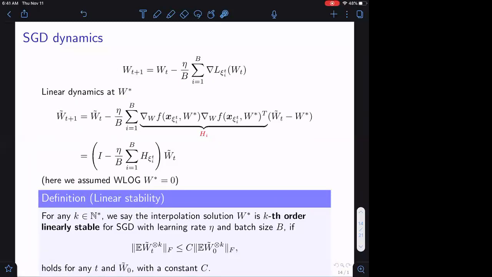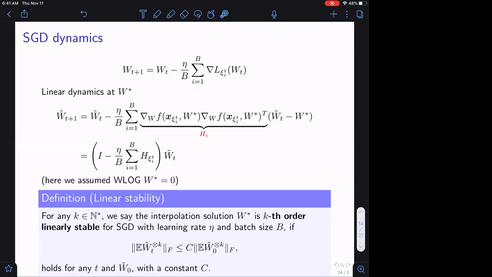Within every step, we choose a mini batch, which we denote by B. Then we average my gradient over this mini batch, multiply by the learning rate, and update to W_{t+1}.